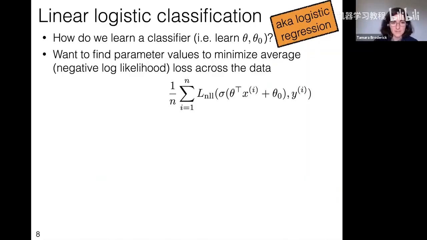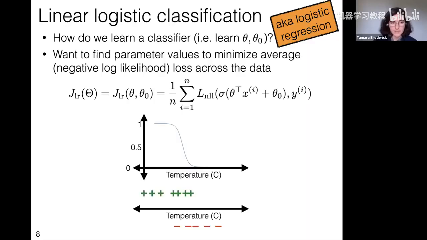Okay, so we have this loss. It's a function of the parameters. That's the thing we're trying to learn. We're going to try to find the parameters that minimize this loss. And so again, let's ask ourselves, what is this going to look like?